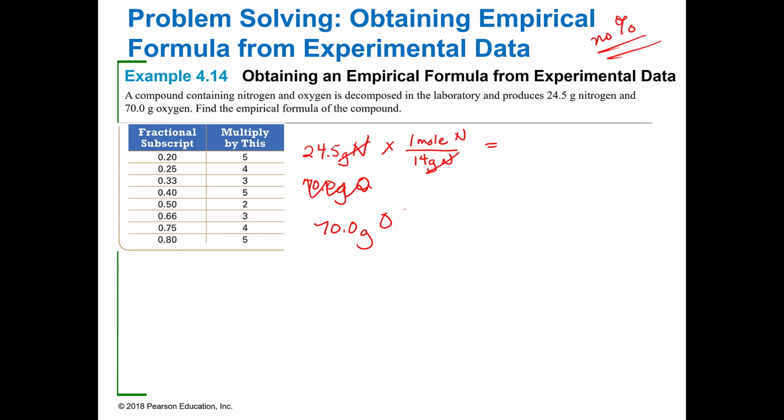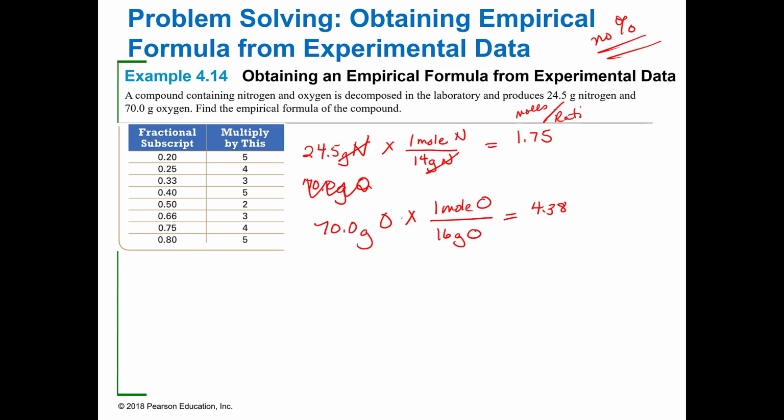Notice this is oxygen, it's not O2, it's the element of oxygen. And so 1 mole of oxygen is 16 grams of oxygen. And then I'm going to see what that is. So the oxygen is 4.38 and 1.75. So that's how many moles I have.